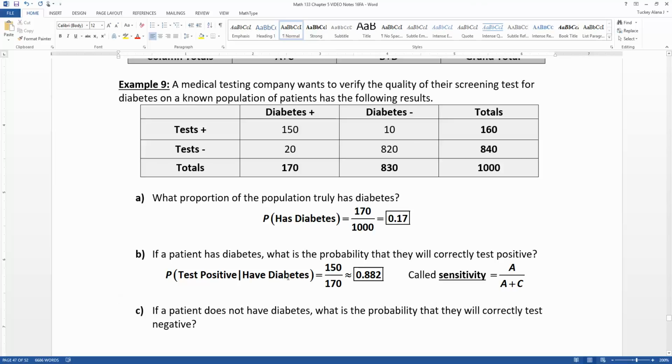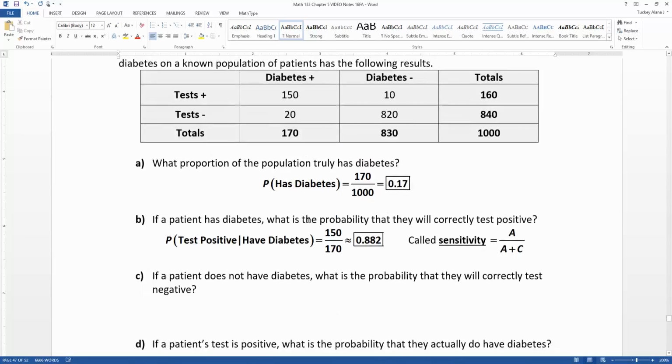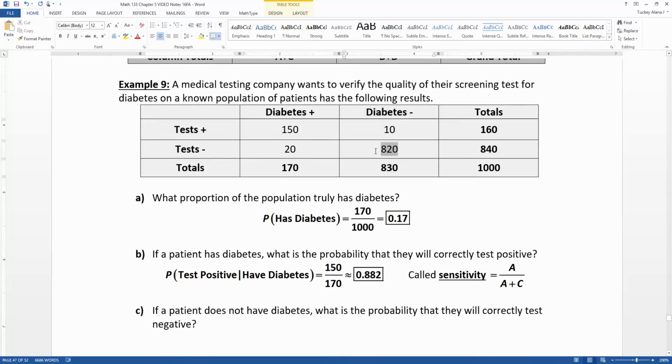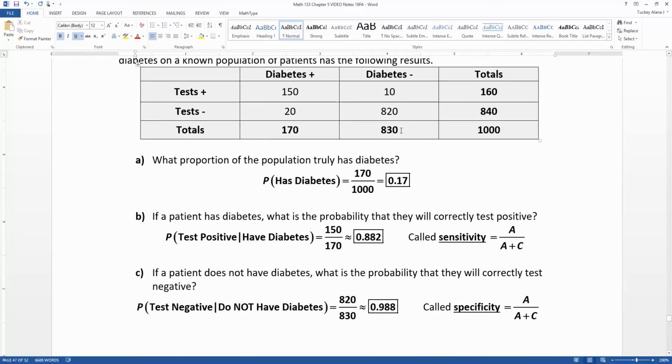All right, now if a patient does not have diabetes, what is the probability they will correctly test negative? Well, if they don't have diabetes, that means you're talking about this column over here. And what is the chances of correctly testing negative? That's 820 divided by the 830 total. That's the probability of testing negative given that you already are diabetes negative in real life.